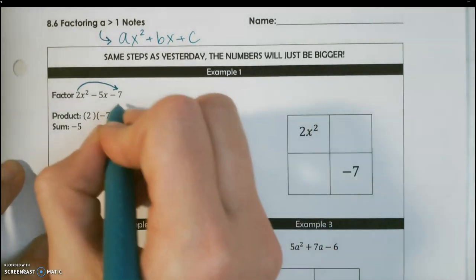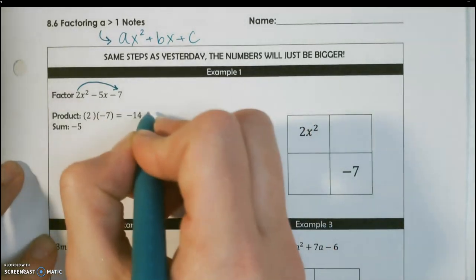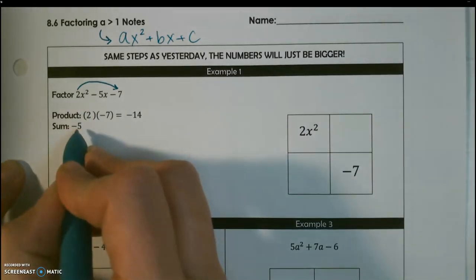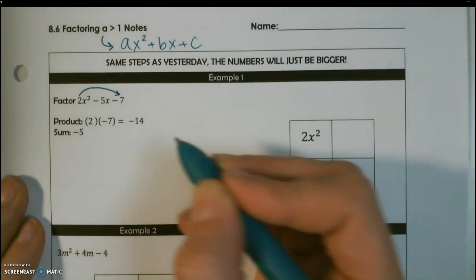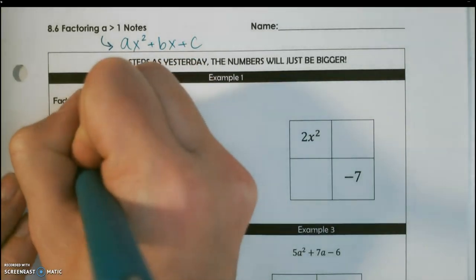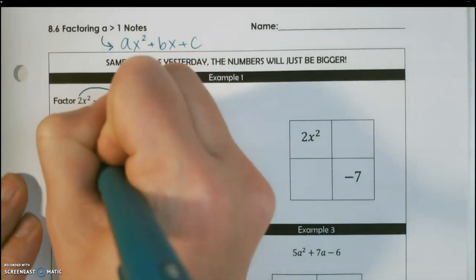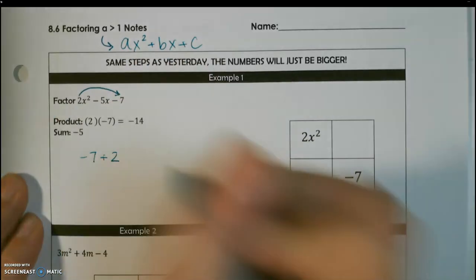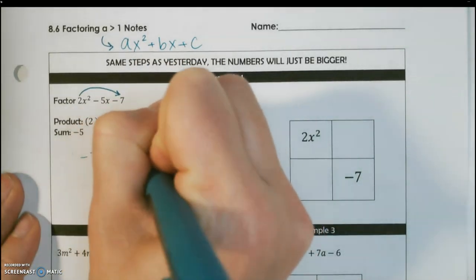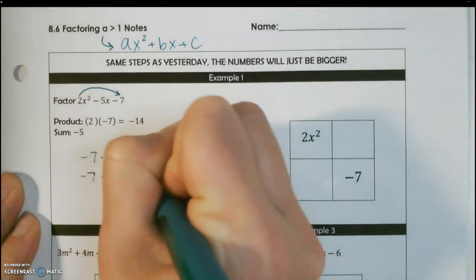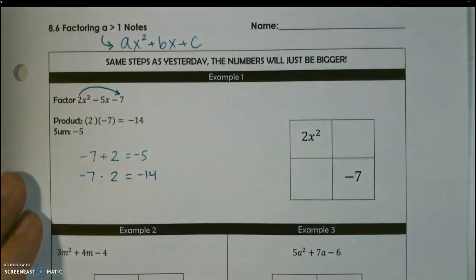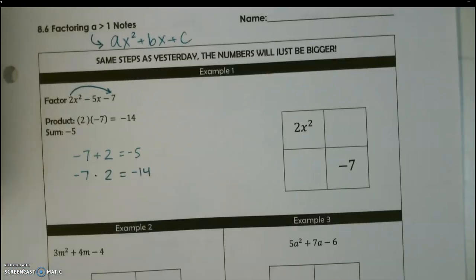So we want to know, what multiplies to give us -14, but adds to give us the middle term. So we could use the values -7 and +2, right? That adds to give you -5, but it multiplies to give you -14. Okay, so we have our magic numbers.